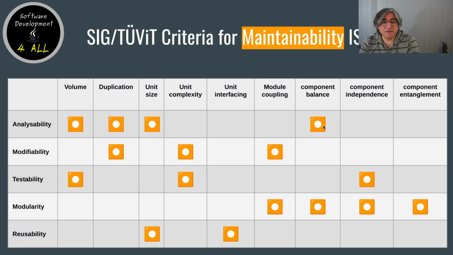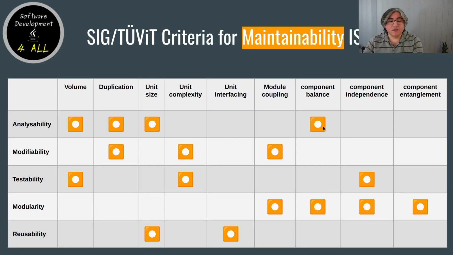So if you split it down to smaller parts, balanced in size, then your component balance will be better, and it will help lessen the impact on the other parts that you have broken it down to. So yeah, these things will impact the analyzability of the code.